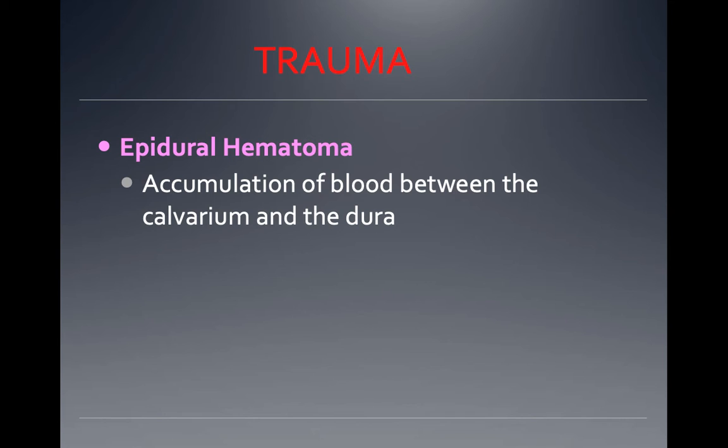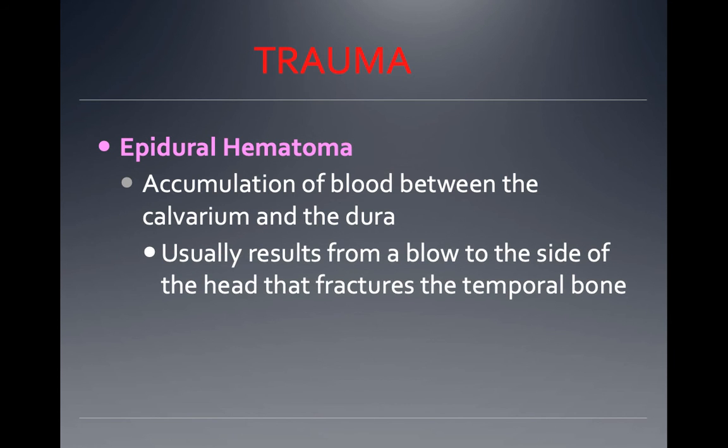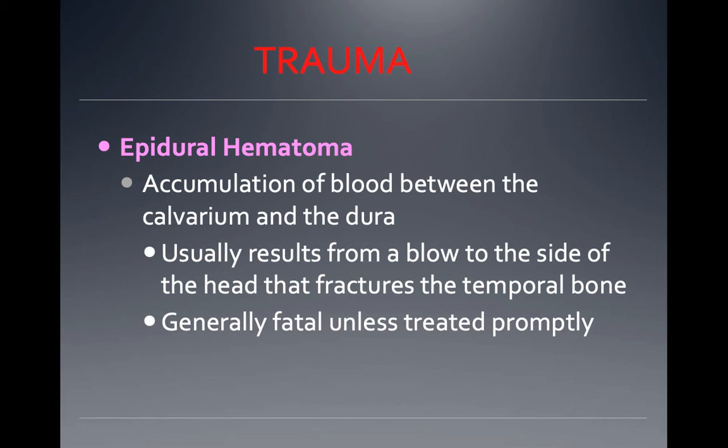So epidural hematoma is an accumulation of blood between the skull bone and the dura mater. It usually results from a blow to the head, and that can result from a fracture, especially temporal lobe fractures or temporal bone fractures. Generally fatal unless treated.